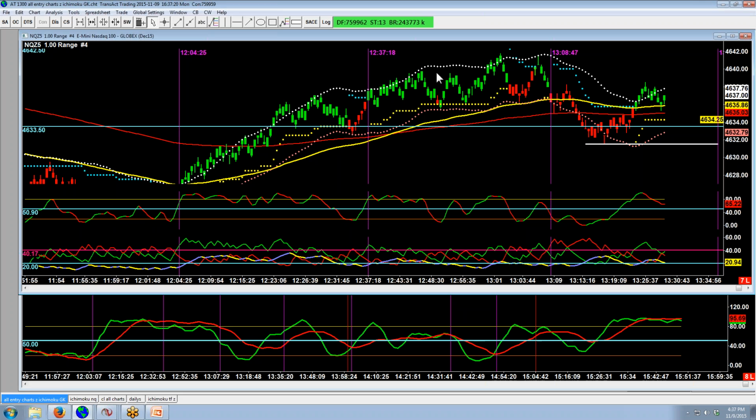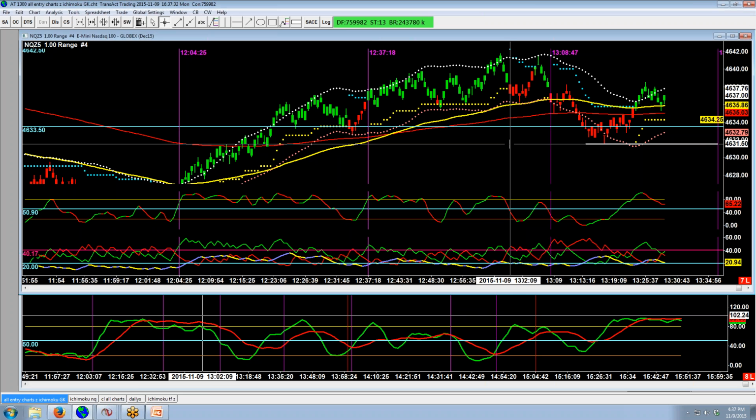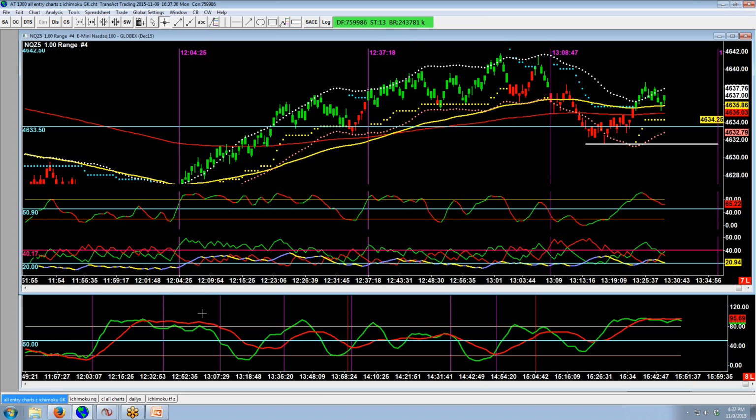The buy was valid. Then we get a close below the super trend stop here, and we are on the 8 range. Where are we on that? We are still in overbought right here. It was up in this area here. So still in overbought, so not interested in the short there.